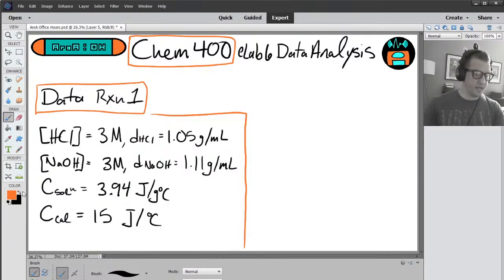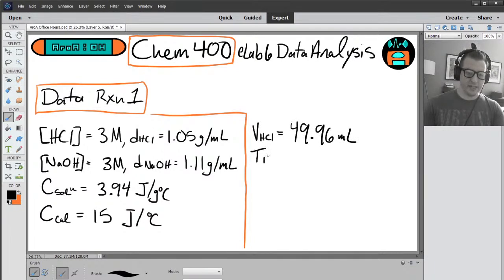All right, so I have my volume of HCl, which is 49.96 milliliters.